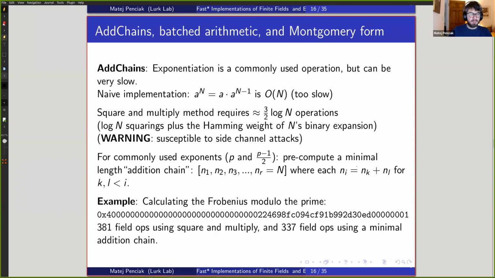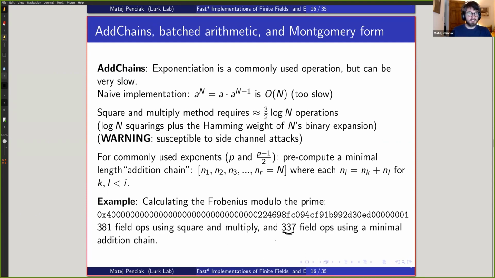So as an example, if we want to calculate the Frobenius modulo this very large prime here, just using the simple square and multiply method, it'll take 381 field operations. But with a pre-computed minimal addition chain, we can reduce that down to just 337 field ops. And so this difference of 44 field ops doesn't seem like that much.